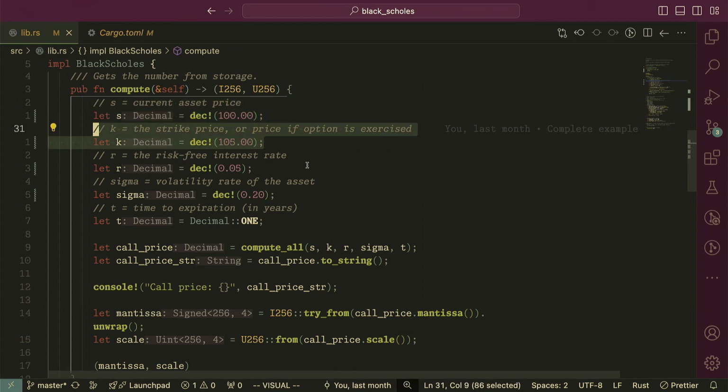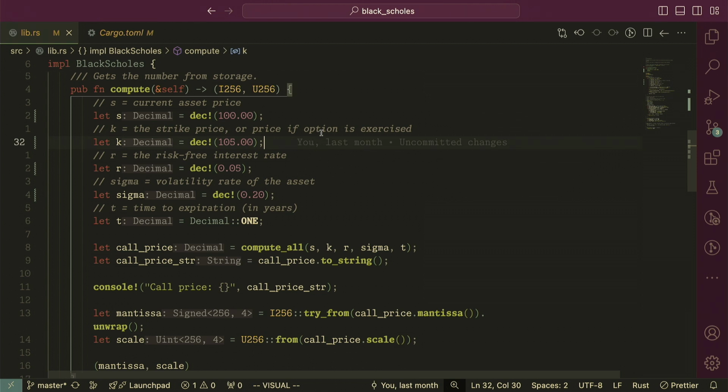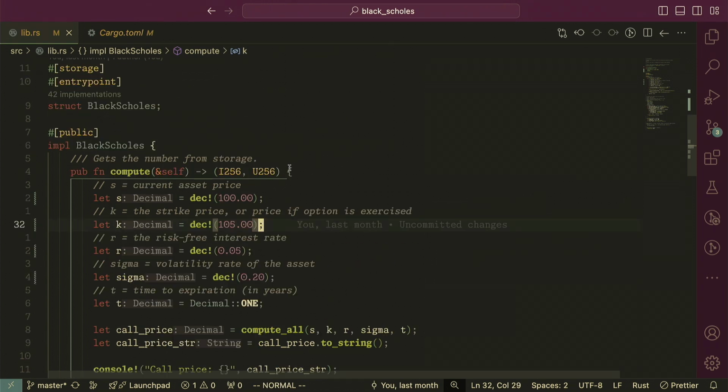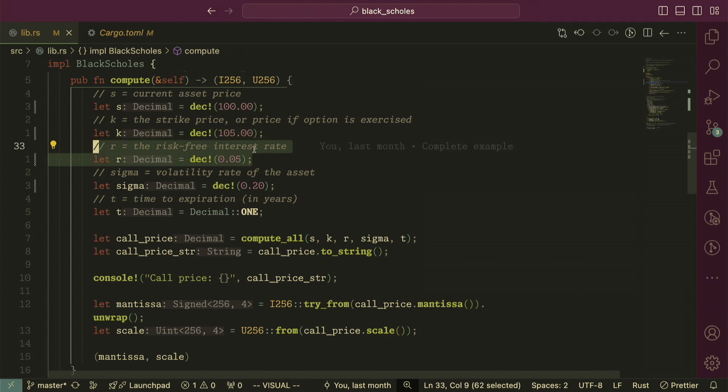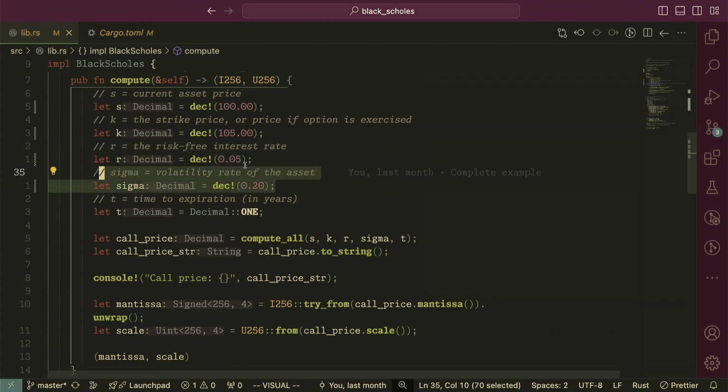And then we're going with the strike price of 105. So this is just going to be a call option to buy this asset at $105 in 1 year's time. The risk-free interest rate is 5%, and we're going to say that the volatility rate for that asset is 20%.